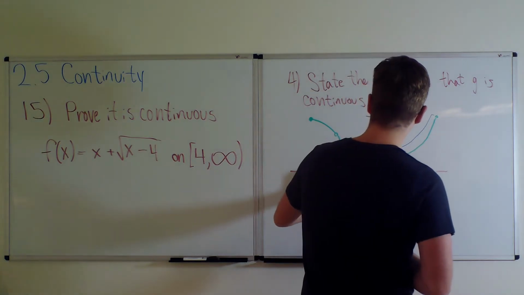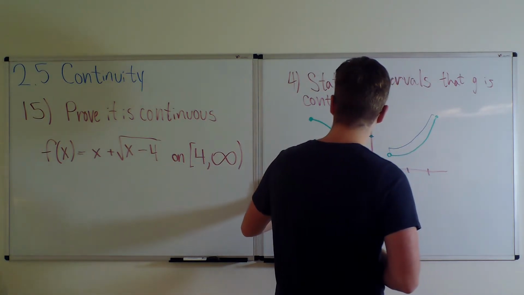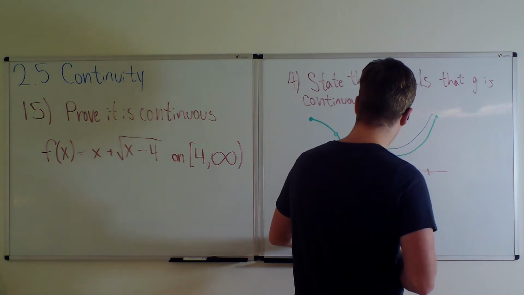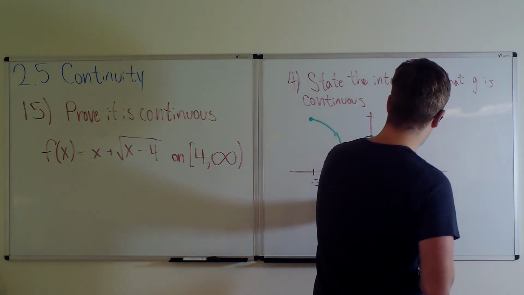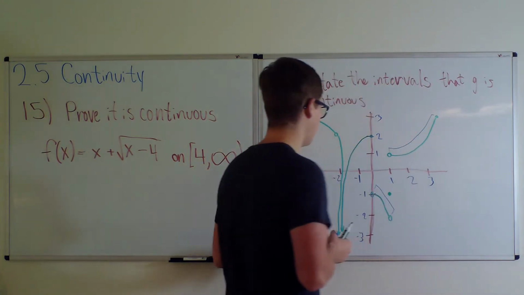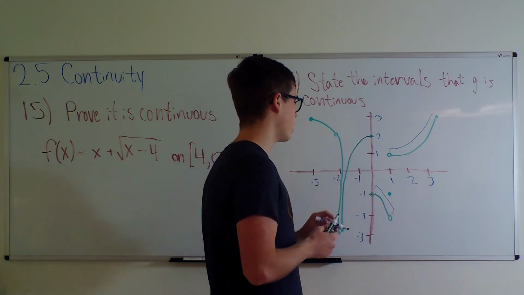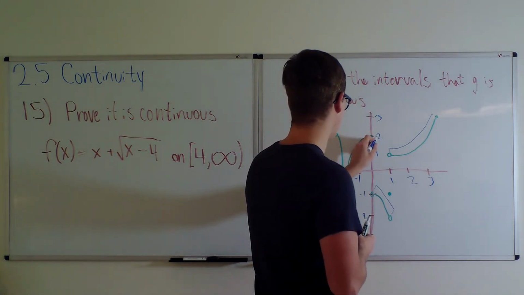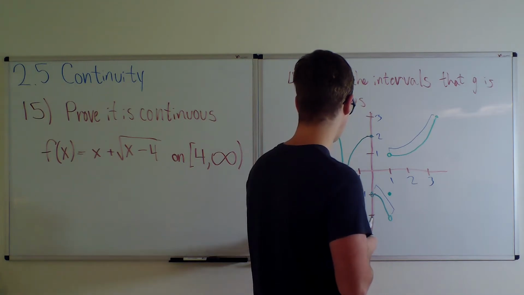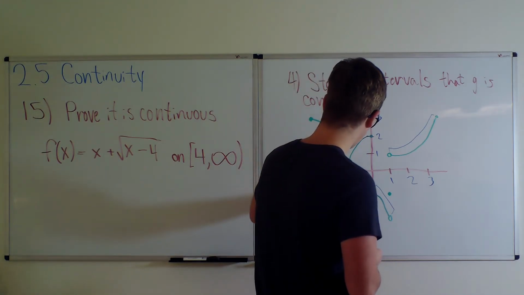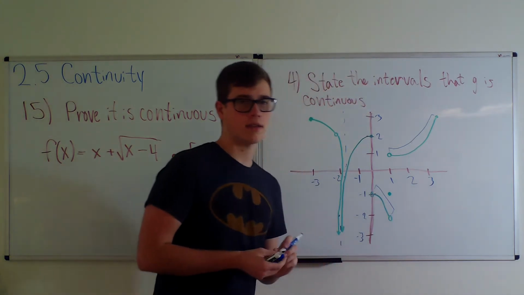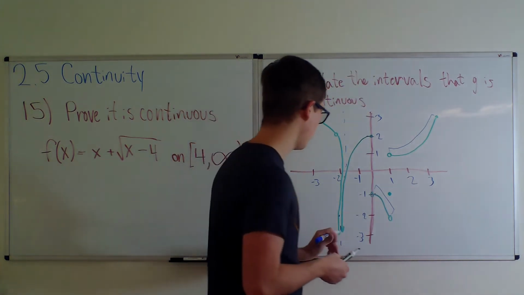So then that's -1, -2, -3, 1, 2, 3, negative. Alright? So it's from here to here, but not including those. Alright, so it's from 0 to 2, and then there's an asymptote here at -2. So it can never equal -2, but it is continuous to -2.